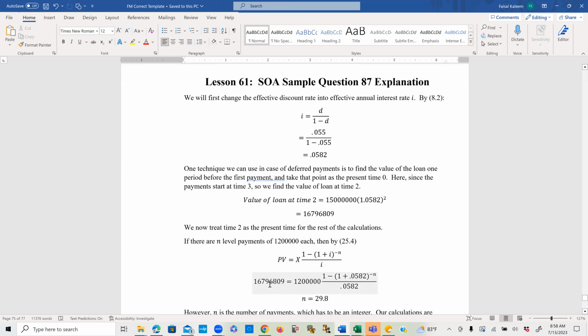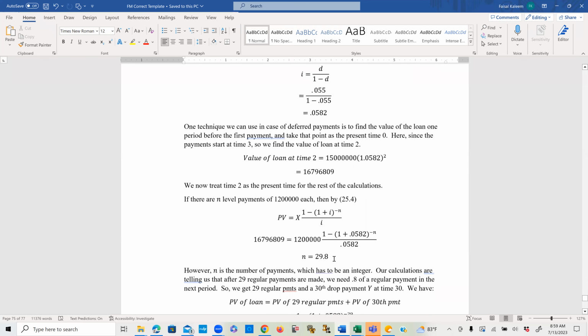And the present value now at time 2 is 16.8 million. So it equals payment times 1 minus 1.0582 to the negative n over 0.0582.